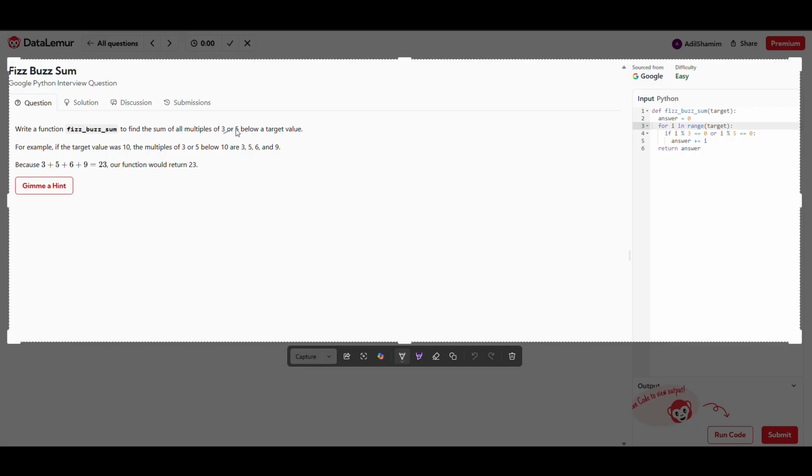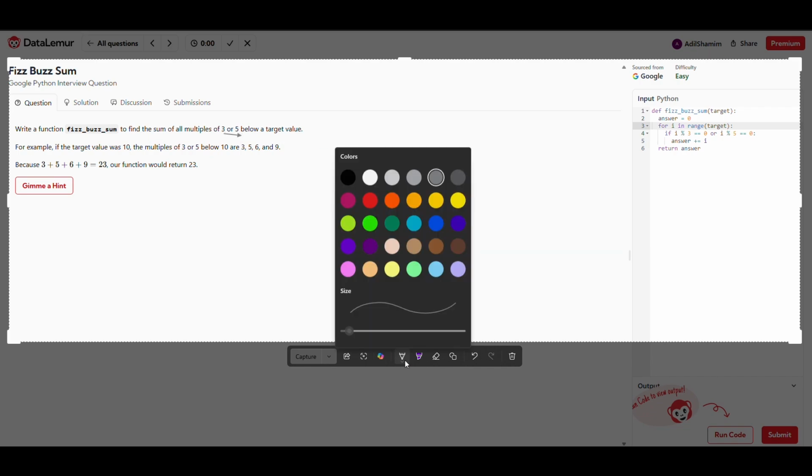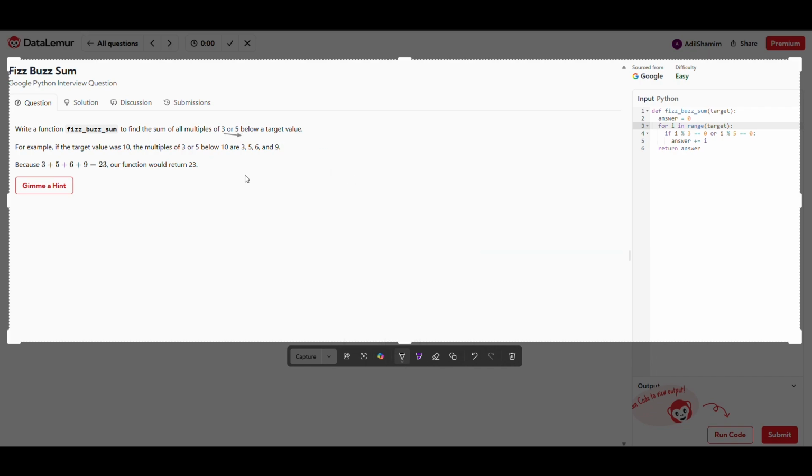We have this number 3 and 5. Okay, we have this number 3 and 5, and what is our work? We need to find, for example, we have given the target value is 10. We have the 10, and we already have the numbers 3 and 5.